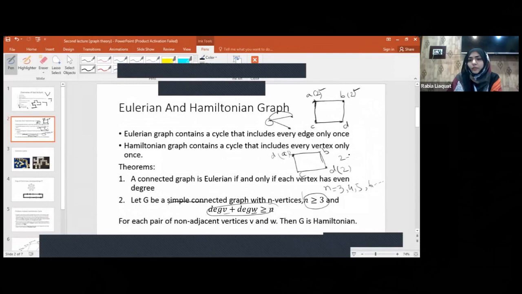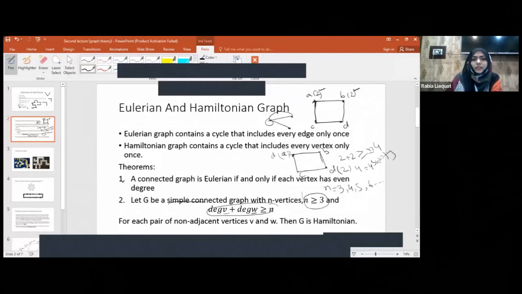We add both, and the sum should be greater than or equal to n. What is n? n is the number of vertices: 1, 2, 3, 4. So 4 is equal to 4. Satisfied.